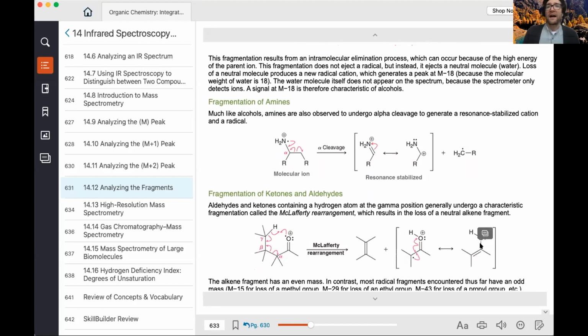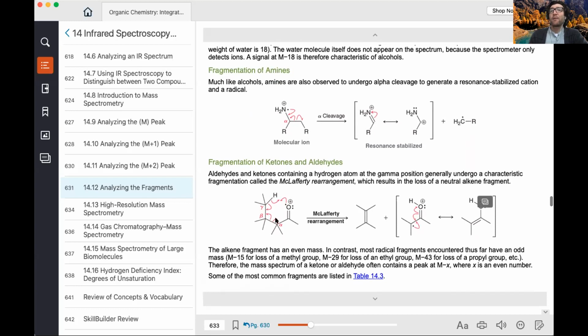And ketones and aldehydes also undergo fragmentation, but in a very weird way, because if you have a gamma position available, you will do this type of single electron transfer rearrangement, called a McLafferty rearrangement, and essentially you end up with a different positively charged oxygen species and an alkene. You don't see the alkene. However, this alkene weighs, let's see, that's 15, 30, 45, 60, 72, 84.